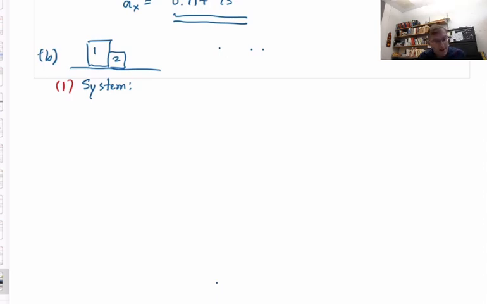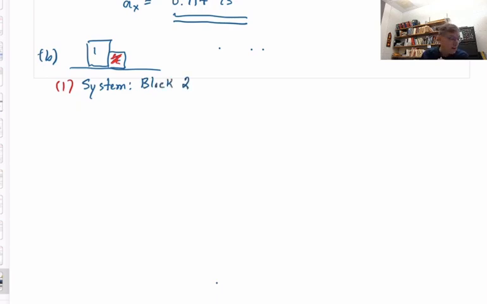But here's what I'm going to tell you now. If my goal is to find the force onto block 2 due to block 1, that's what I want, the force onto that comes from 1, I'm going to pick the system to be block 2. You'll see why in a minute when I draw the free body diagram.